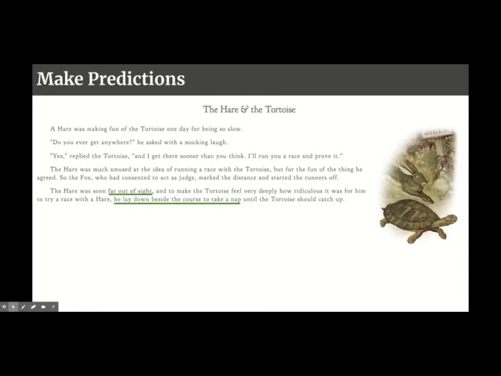He lay down beside the course to nap because I think he was so confident that he would win, he thought he had time to sleep. Now, I know that either the hare or the tortoise is going to win the race. So my prediction, because the rabbit is taking a nap, is that the tortoise or the turtle is going to catch up.